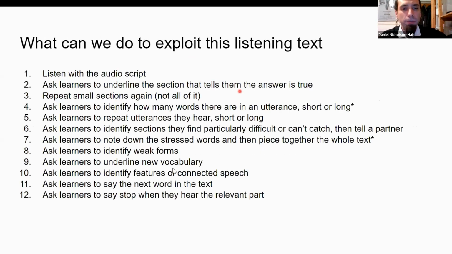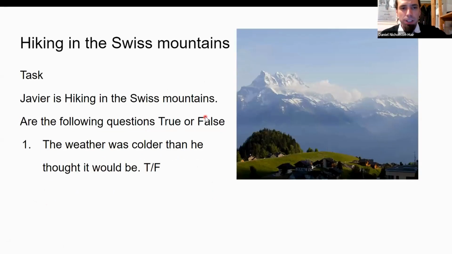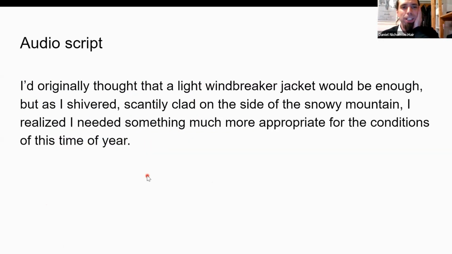And the last one: ask learners to say stop when they hear the relevant part. Pretty much all of the details here are relevant to this question being true, so it might not work very well in this particular one. I'd originally thought that a light windbreaker jacket would be enough.